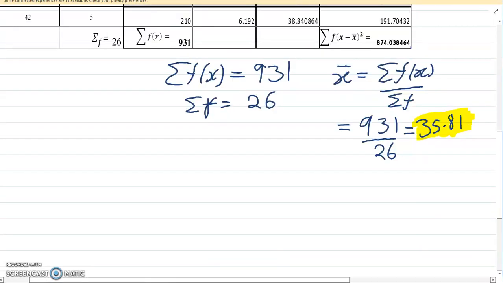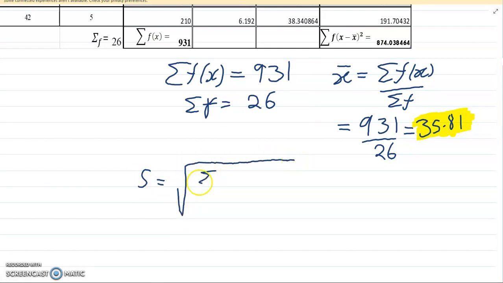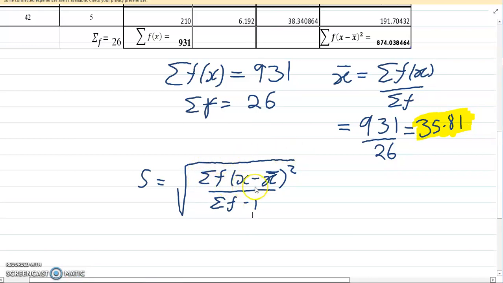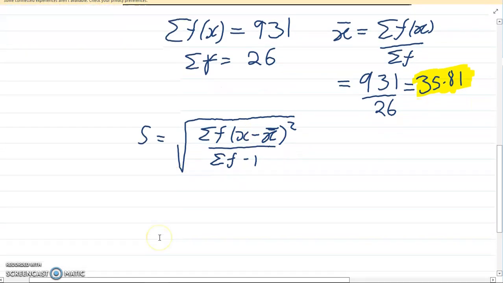Remember, our formula for standard deviation is equal to the root of sigma f of x minus x bar squared over summation of f minus 1, of which this part has already been found in the table, which is right here. So we just replace that.